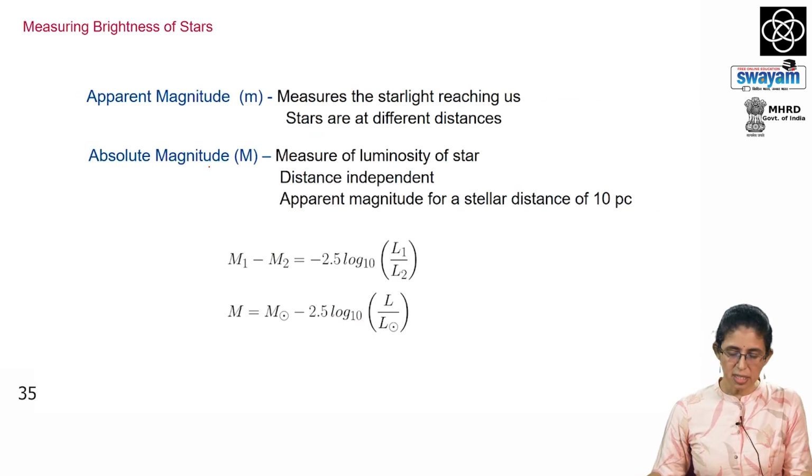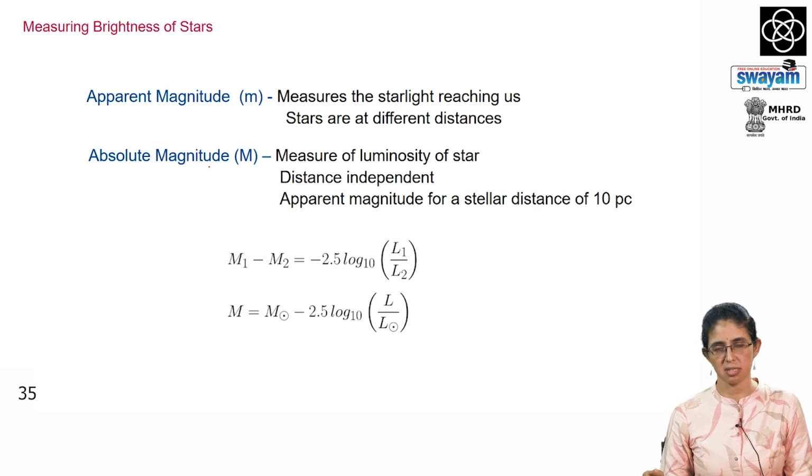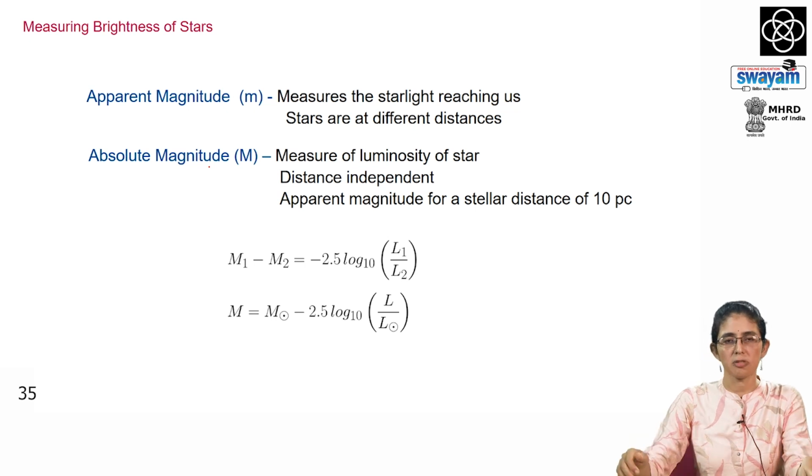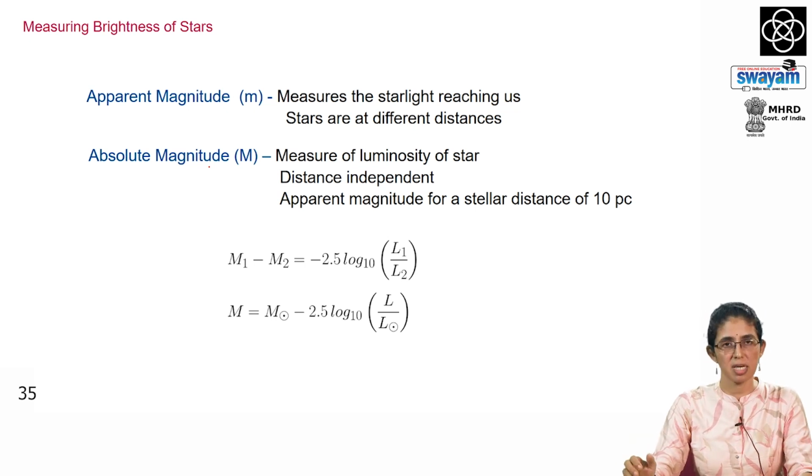Now, apparent magnitude corresponds to the magnitude as measured from Earth for stars located at different distances. So, if a star is close by, it will appear brighter to us, and if the same star were at a farther distance from us, it will appear fainter to us. Therefore, to have a more uniform comparison, another magnitude scale is defined, which is known as the absolute magnitude.